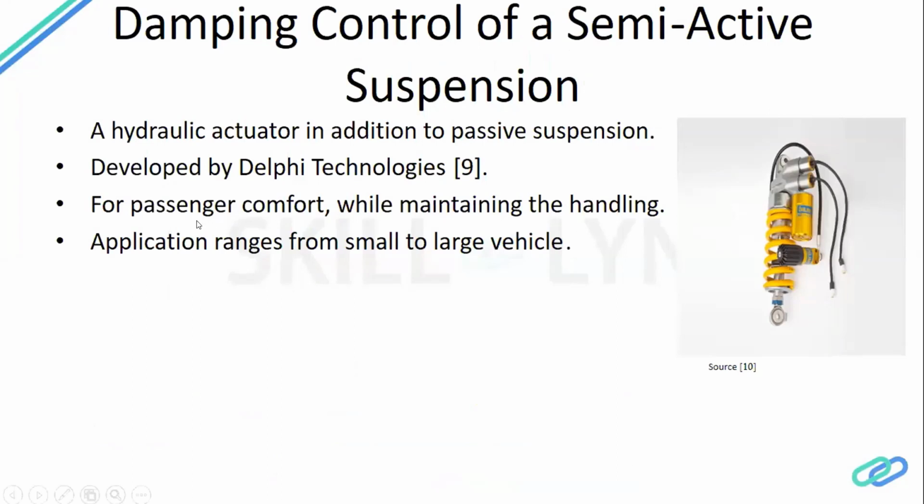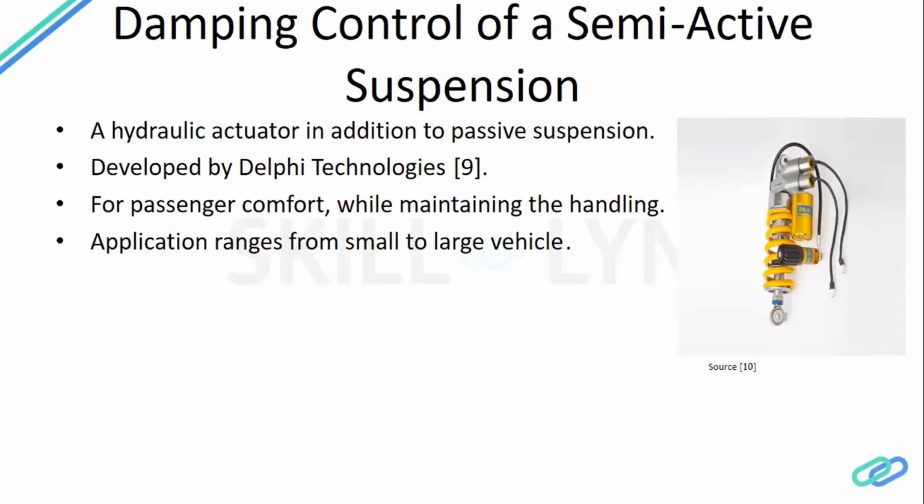Now, suspension, if we are familiar with automotive, we know there are three types: active, semi-active, and passive. Passive is your most conventional suspension system, where you have just your normal damper and spring mechanism to absorb the vibrations coming from the road, but it does not create any additional change in your chassis to absorb the vibration.